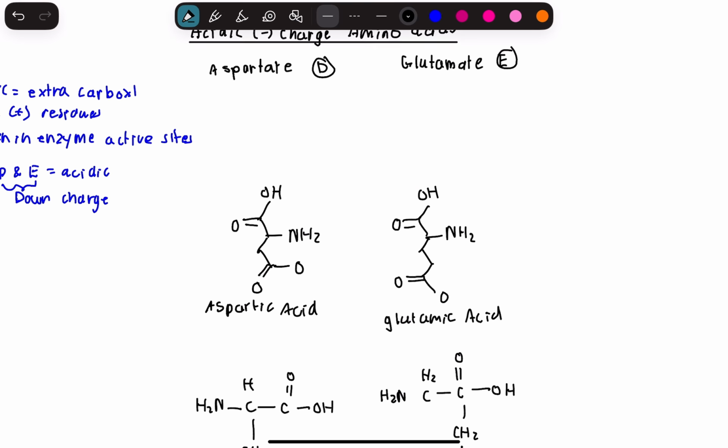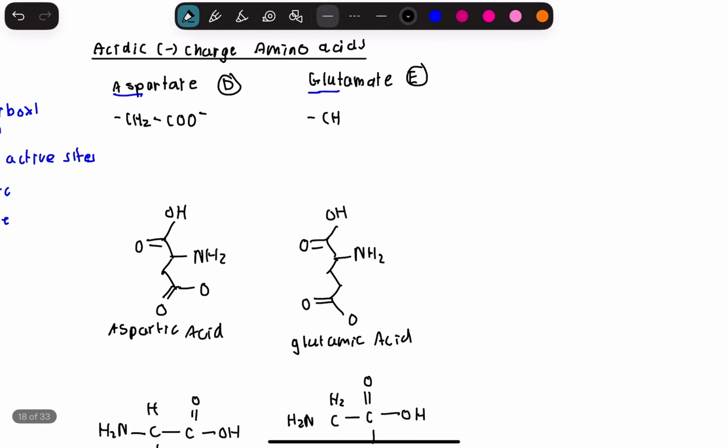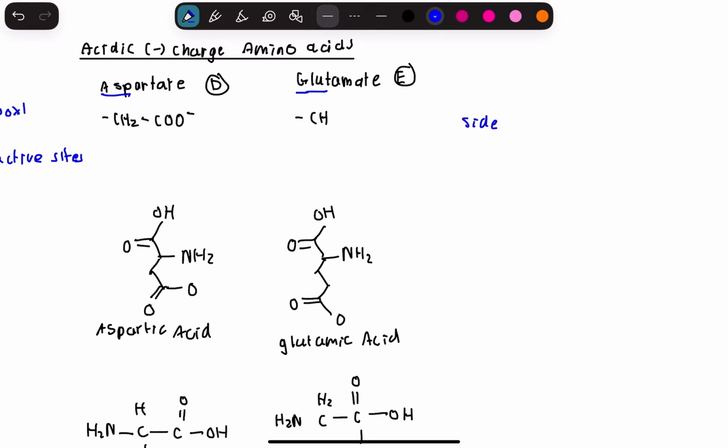Moving this down here. So again, this is Asp, this is Glu, and the side chains for each of these. This is going to have a side chain of CH2, COO minus. This is going to have a side chain of CH2, CH2, COO minus.